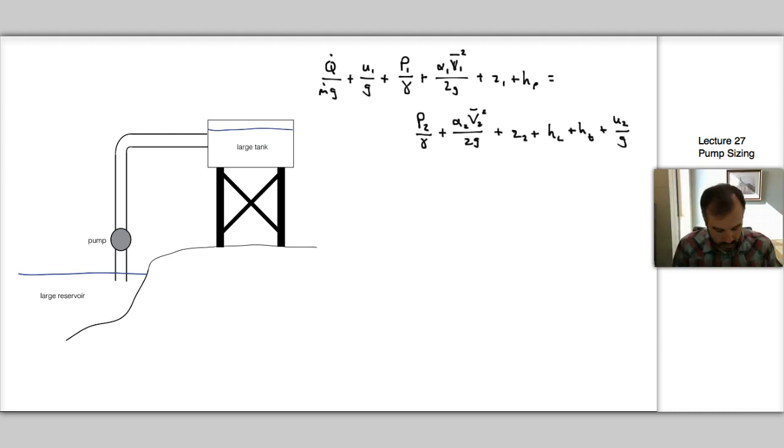And then we're going to go through the same thing we've done in previous examples, where we're going to get rid of some terms. And when you're doing pump sizing, you can't always get rid of some of these things, because pumps and turbines, they'll add and take out energy to the system, so the water might be warmer due to some heat losses in the pump because the motor is going to get warm. So you can't always ignore the heat transfer, but for this class we're doing fluid mechanics and we're going to focus on the mechanical losses, and so we can assume no heat transfer.